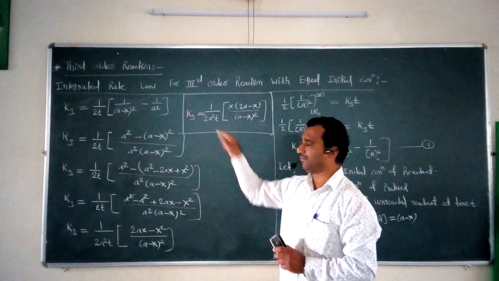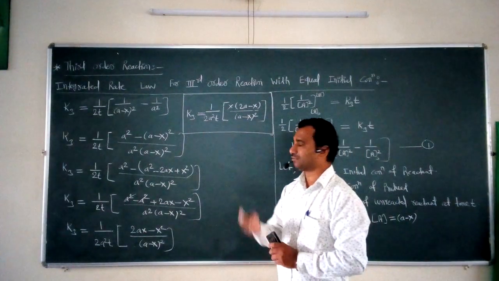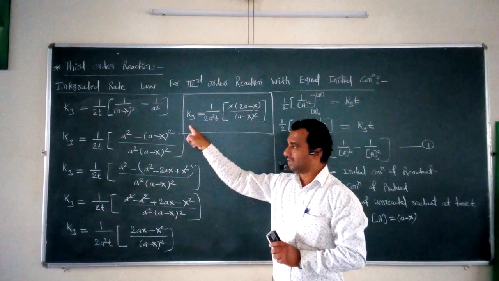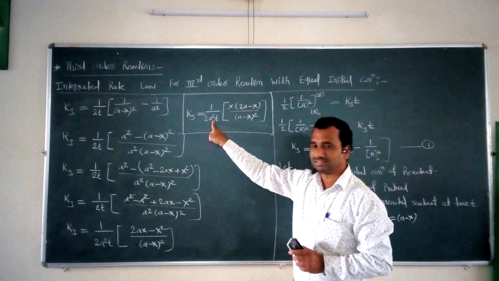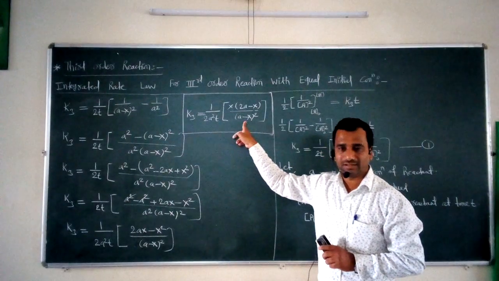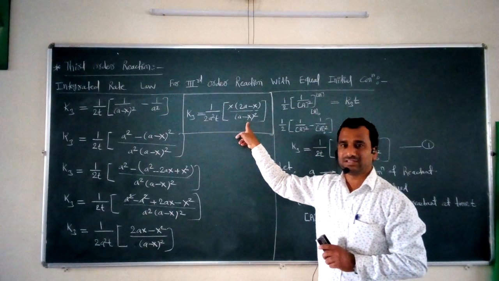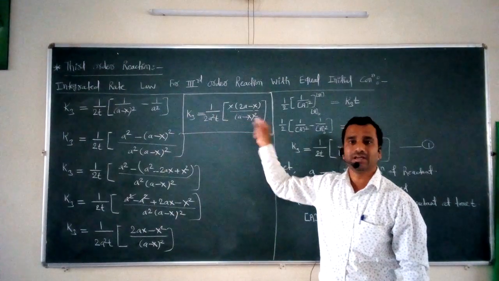And in this simplified form, we have to take into consideration some simple parameters of a chemical reaction. What is that? This k3 stands for rate constant for a particular chemical reaction. This a is nothing but the initial concentration of the reactant. This a minus x is the concentration of unreacted reactant at a particular time small t.